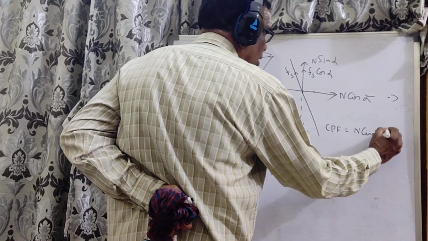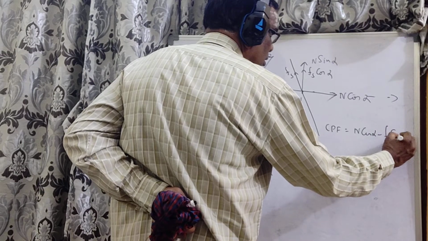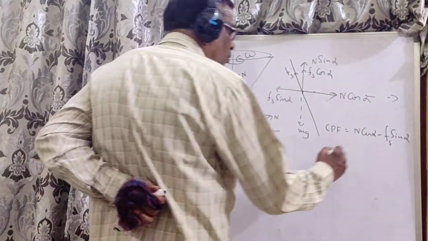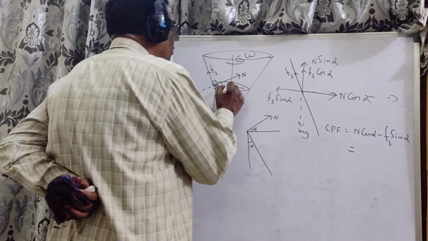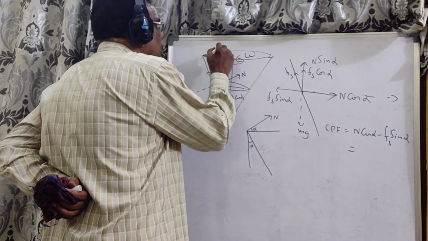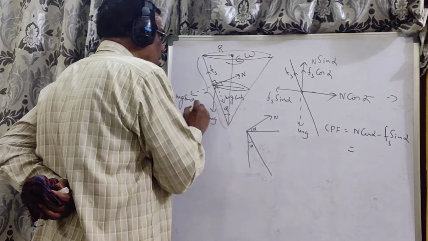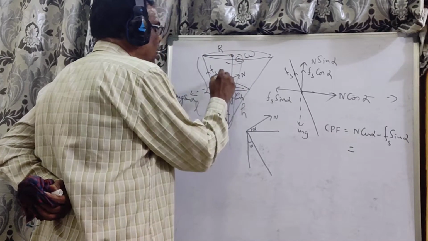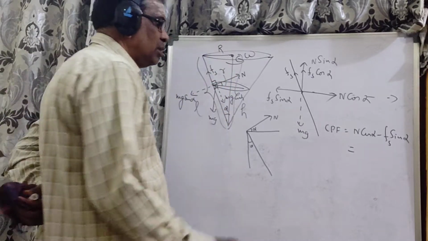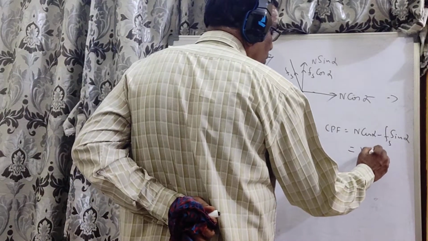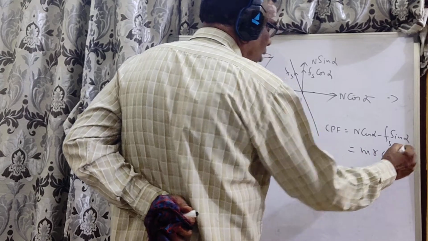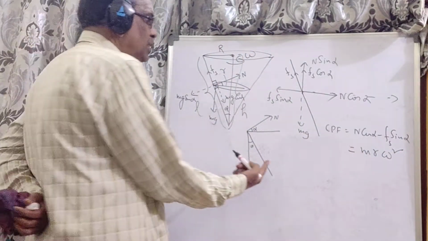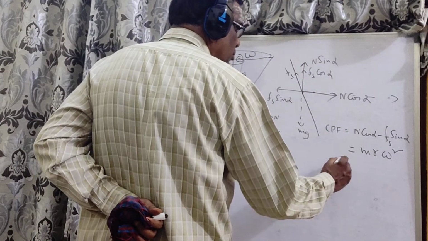N cos alpha minus Fs sin alpha. And what is that equated to? If, say, this is R, this is L, this is H, and let this be small r, I would equate it to m r omega square.